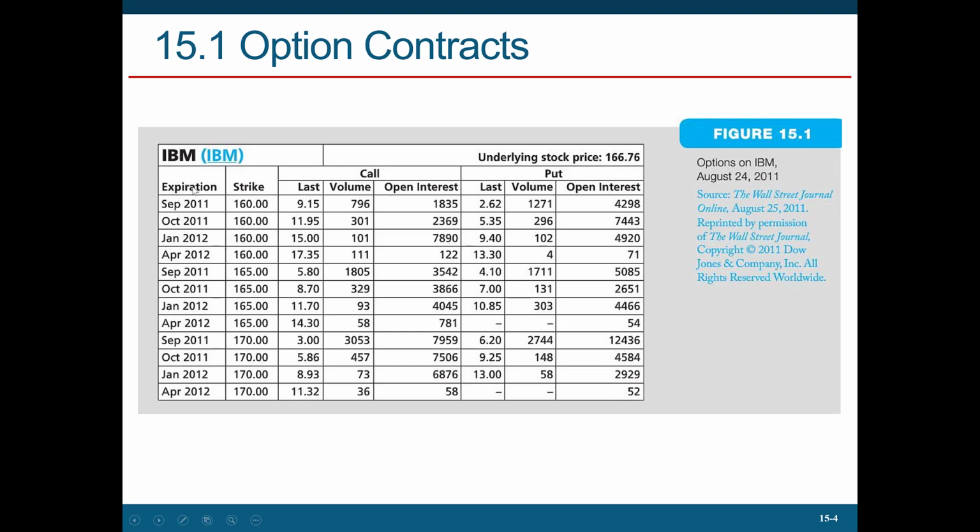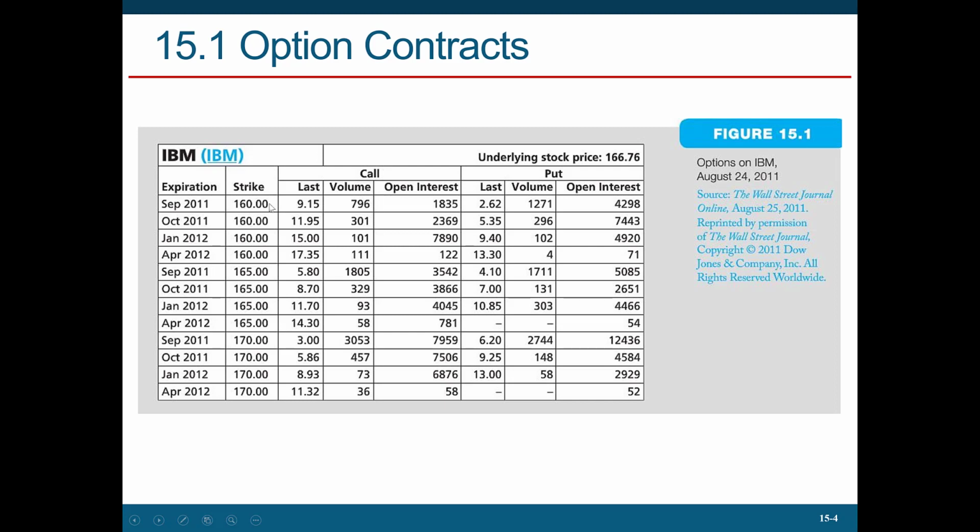So if you buy this first option here, expiring in September 2011 with this 160 strike price, what we are basically getting with this option is to buy a share of IBM stock for a fixed price of $160. The actual market price of IBM might be 170 or 180 or 200 or 250, whatever that price is, but you are locking in your purchase price of 160, right?